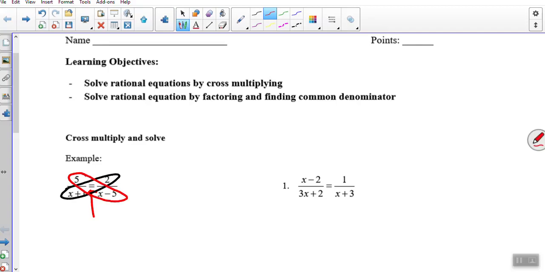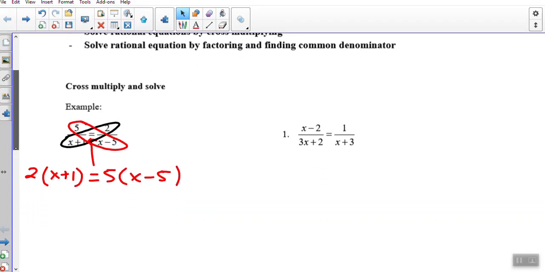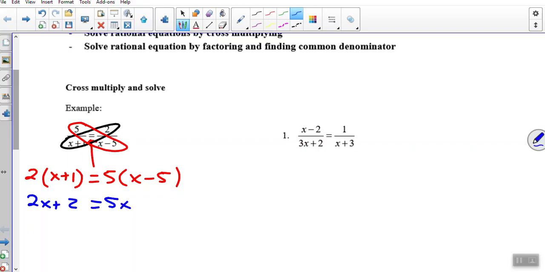So you've got 2 times x plus 1 equals 5 times x minus 5. Be careful to distribute correctly. There could be negatives. In this case, there's not. 2x plus 2 equals 5x minus 25.